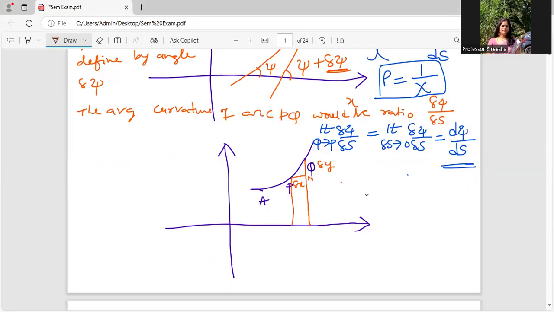Then, instead of this curve, I will join points P and Q by a straight line. I think it's visible, right?